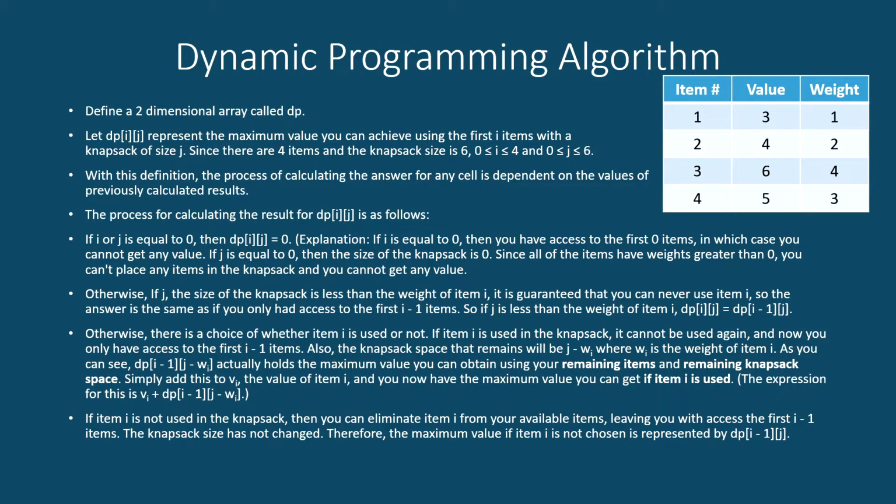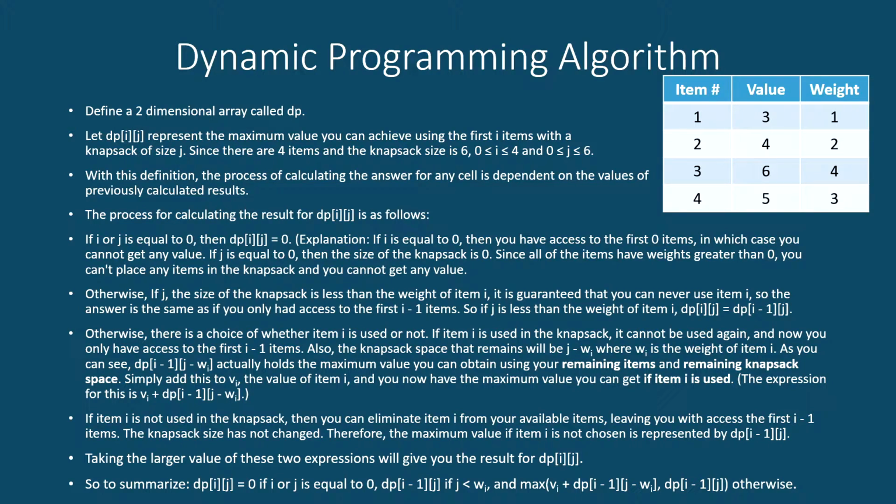Alternatively, you can choose not to use item i. If so, then you can eliminate item i from your available items, leaving you with access to the first i-1 items. The knapsack size has not changed. Therefore, the maximum value if item i is not chosen is represented by dp[i-1][j]. Simply taking the larger value of these two expressions will give you the final result for dp[i][j].